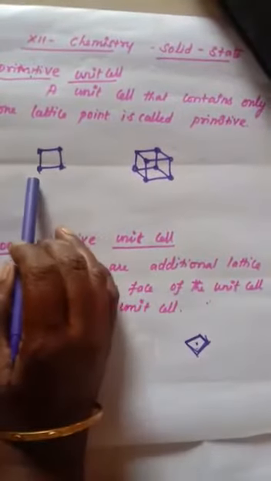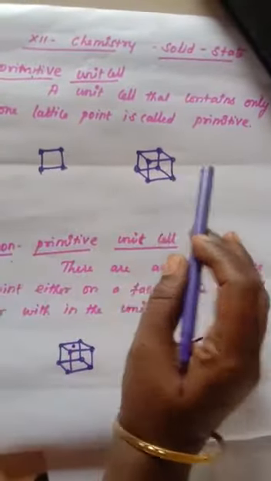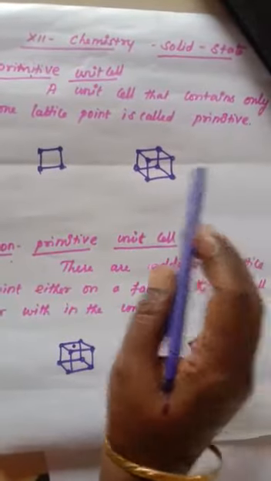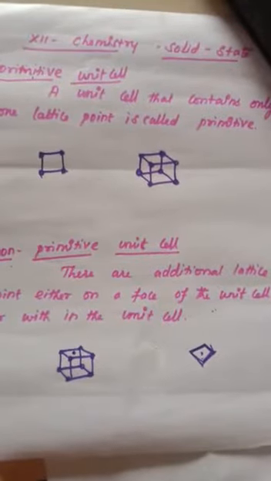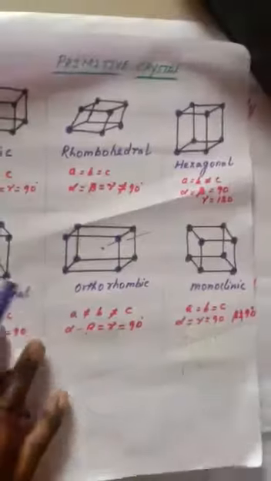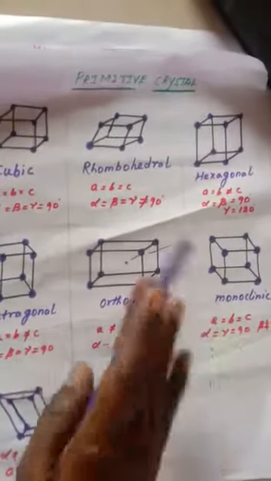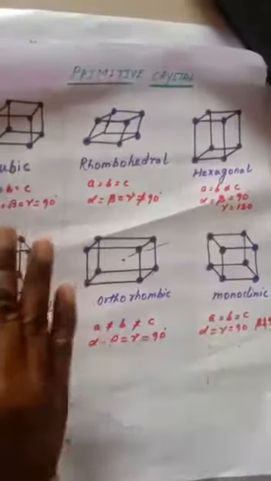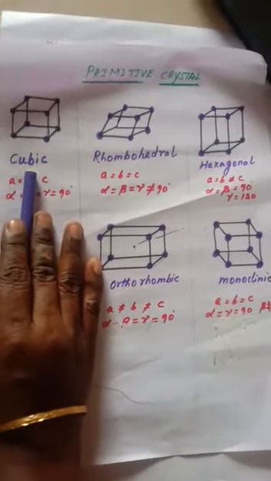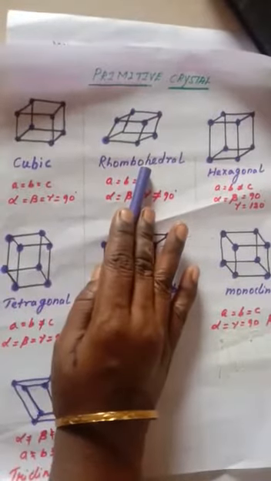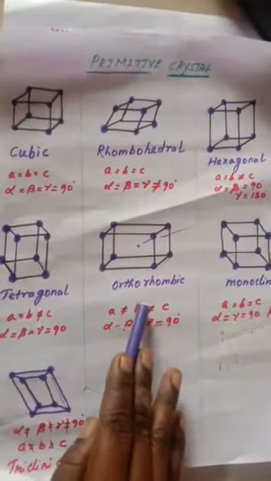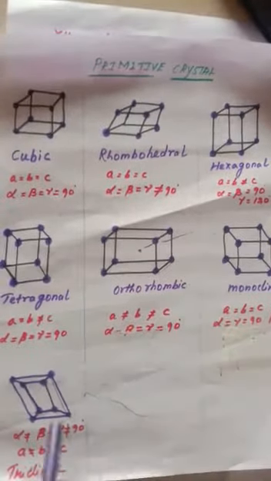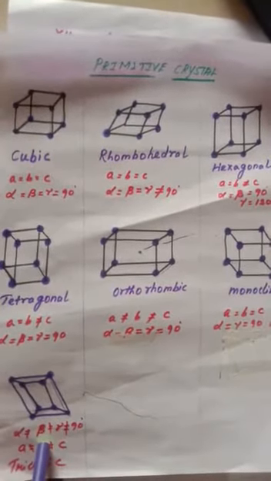So based on the arrangement of angles or edge length, otherwise called the lattice constant, there are 7 types of primitive crystals. First is cubic, second rhombohedral, hexagonal, tetragonal, orthorhombic, monoclinic, and the last one is triclinic.